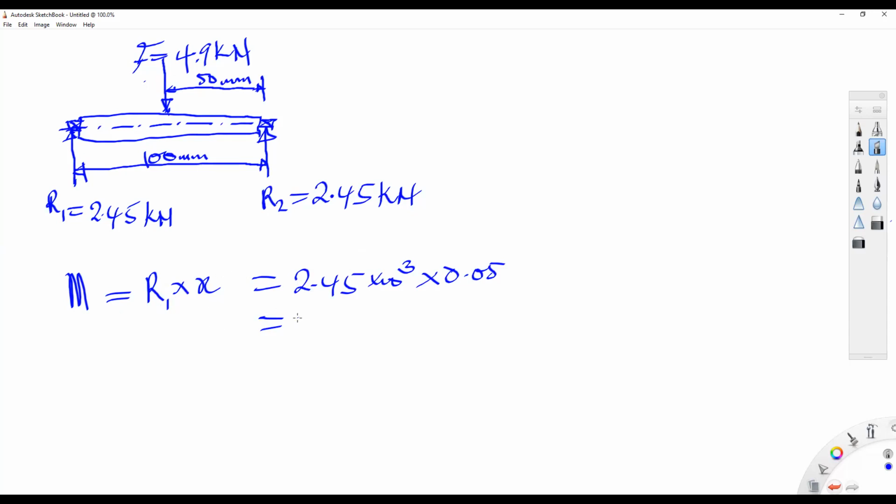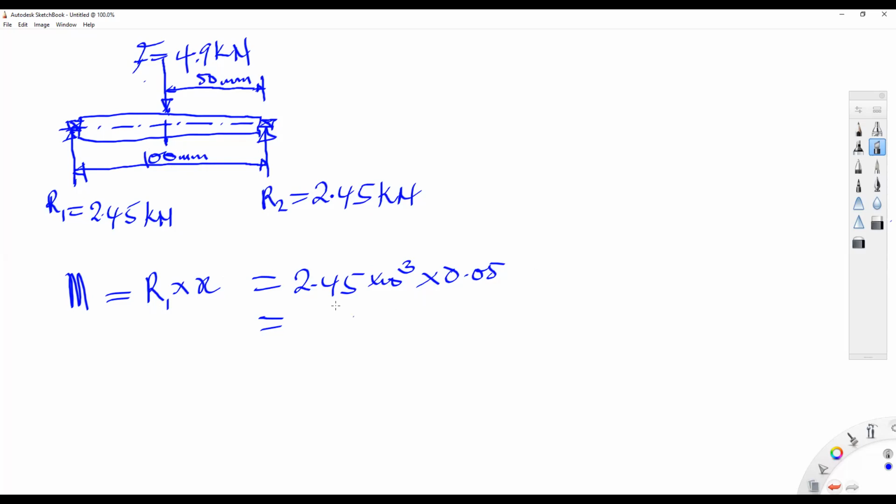He said, where are we taking the moment from? Which reference point are we taking the moment from when we are finding bending moment? Okay, R1. Bending moment at the center of the axle. Okay, sir. Are you okay? Yes, sir.